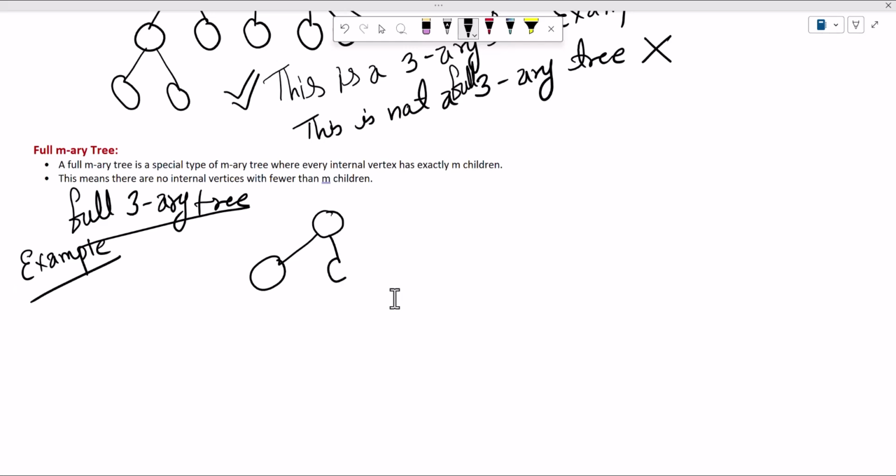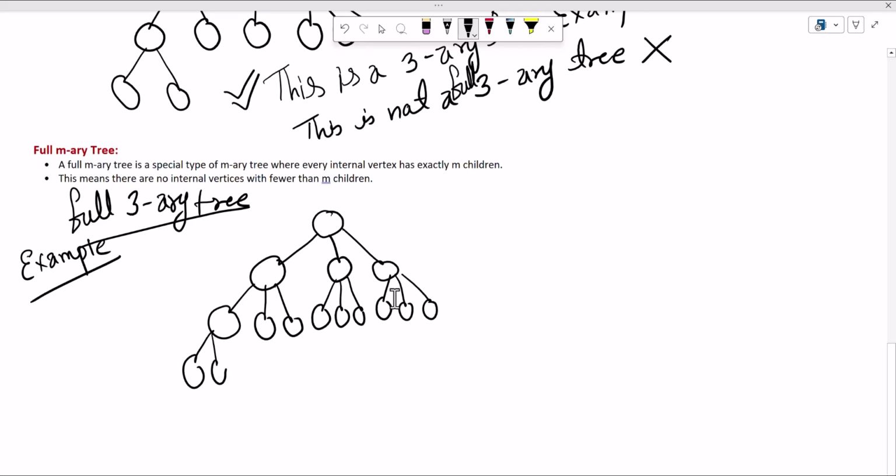So let us take 3 children, and each internal vertex must have 3 children. So this is a full 3-ary tree.